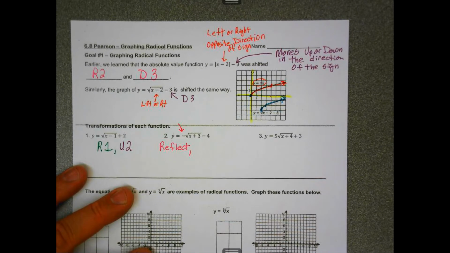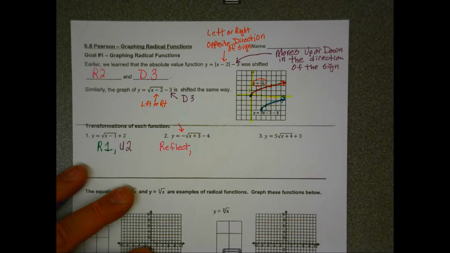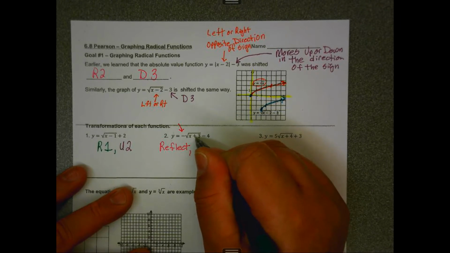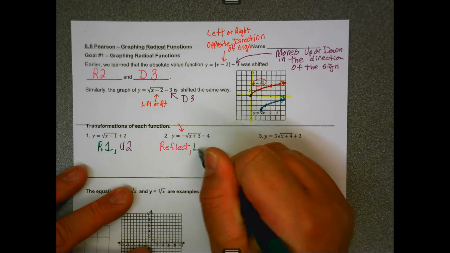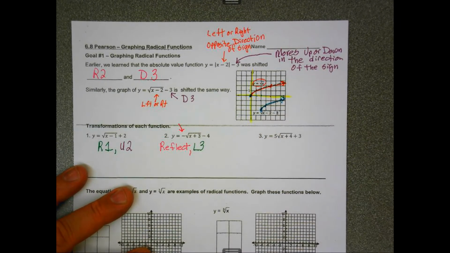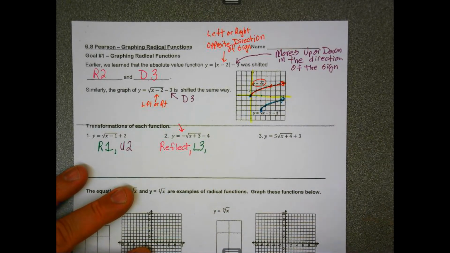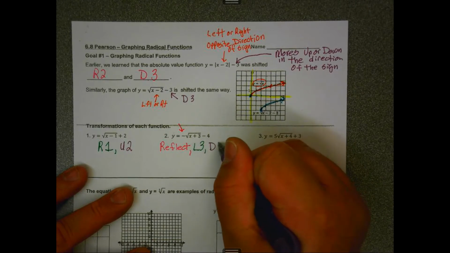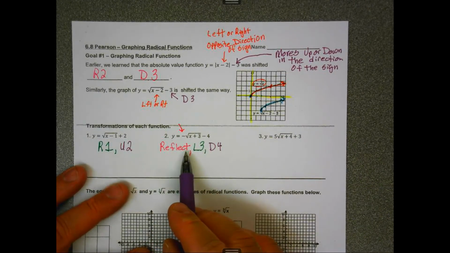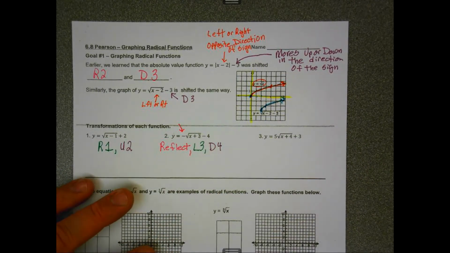Then inside the radical, opposite the sign, so it's not a right 3, it's a left 3, and then with the sign for up or down. So I'm going to go down 4. So there's my transformation. Actually have 3 of them with that one.